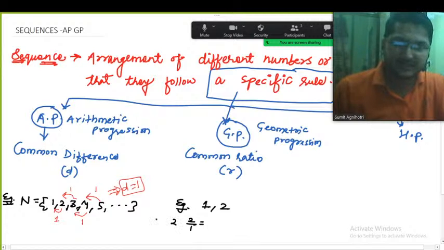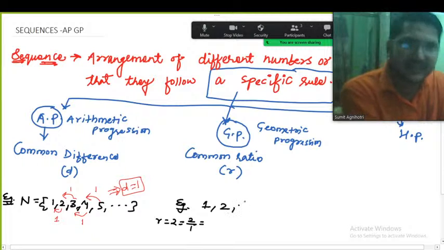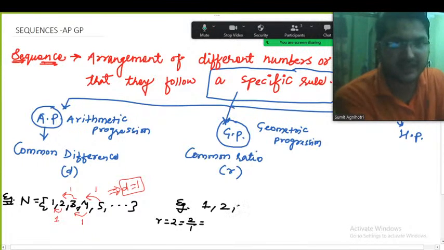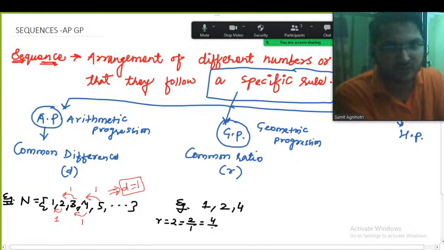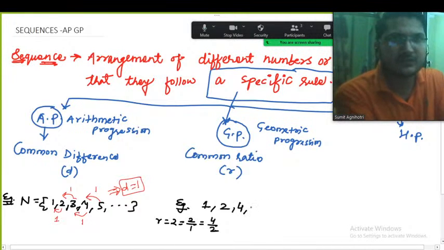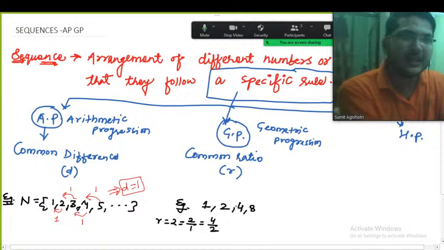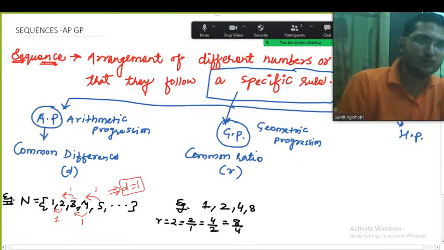The common ratio is 2 over here in this case. That is why the next number should be considered in the same way, so that we get the same common ratio. That means if I divide 4 by 2, I should get the same common ratio. If I consider 8 to be the next value, the common ratio 8 over 4 should also be 2.